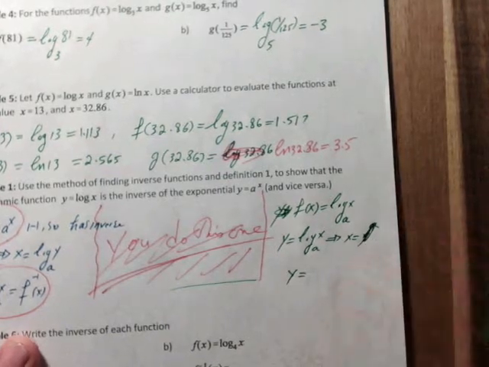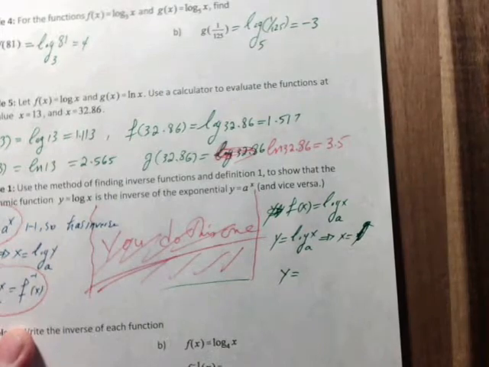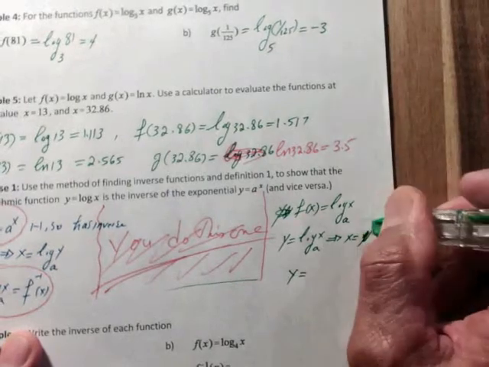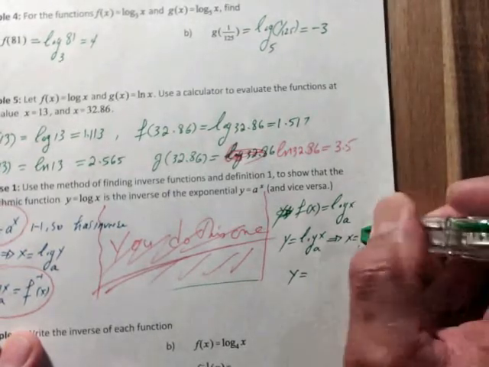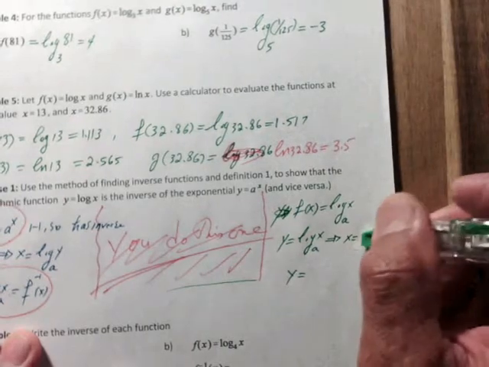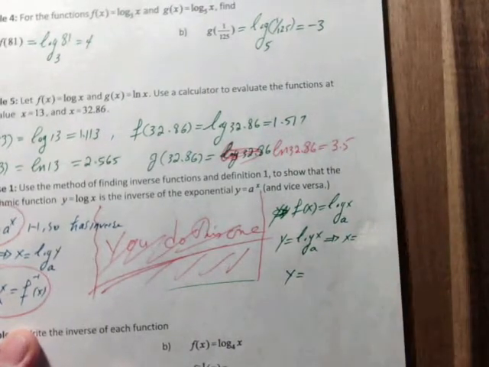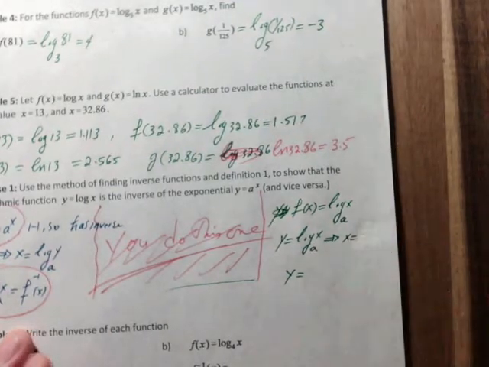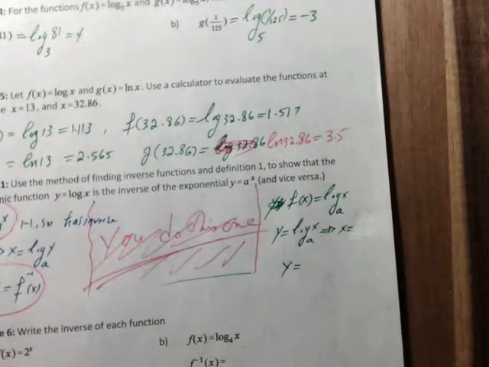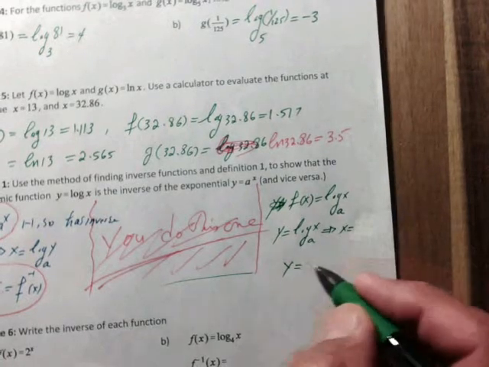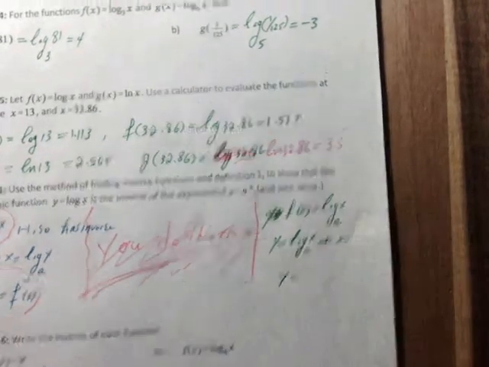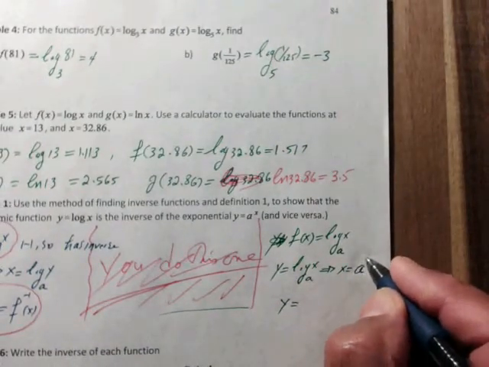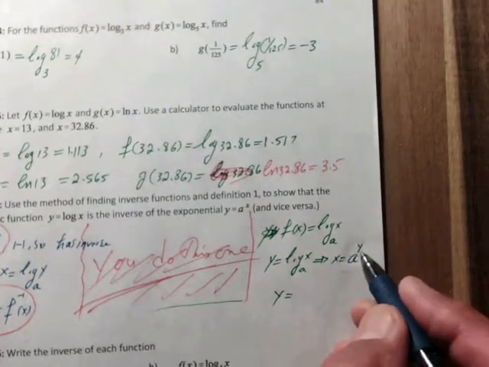Sorry about this. Let me erase this. x is equal to a to the power y. Now change y to x and x to y.